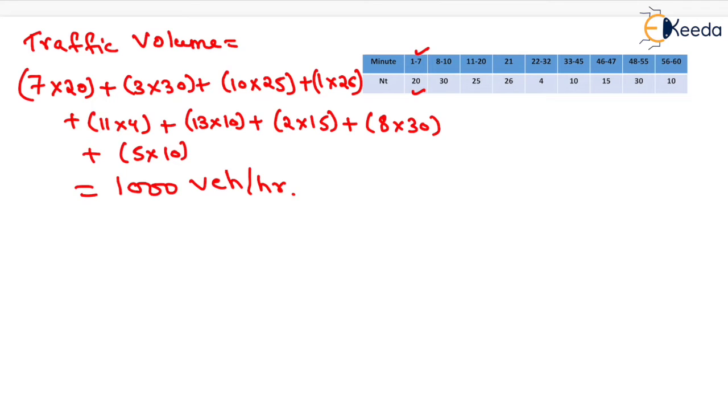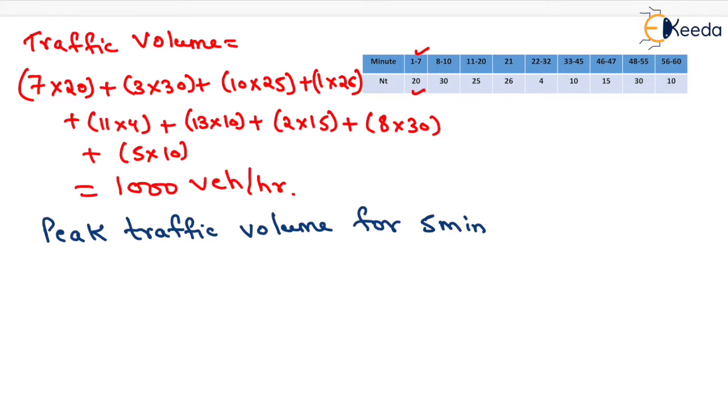Now we want to determine the value of peak hour factor for 5 minutes, so we want to calculate the peak traffic volume for 5 minutes.